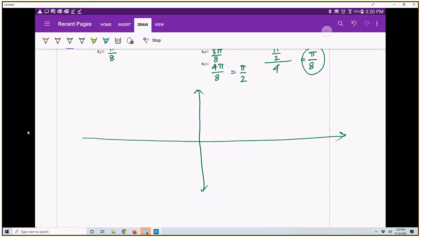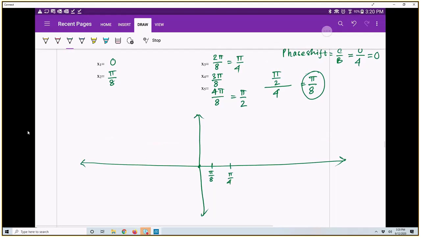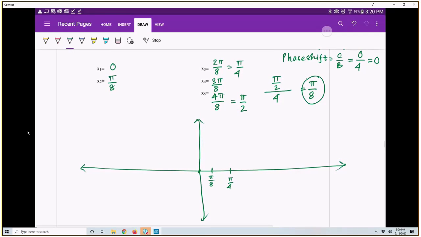I have my key points at 0, pi over 8, and then pi over 4 in this problem. And then I have 3 pi over 8, and finally pi over 2. Amplitude being 10 units, it will be positive 10 and negative 10.